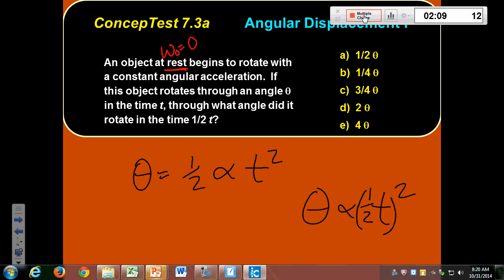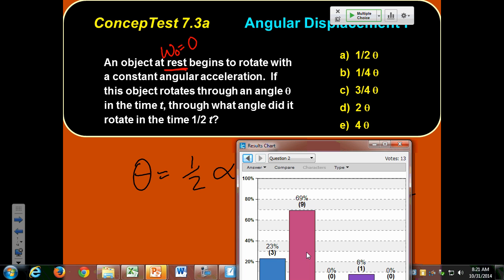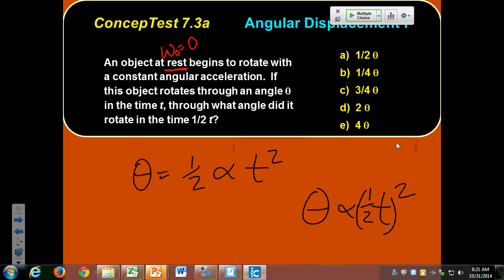So rethink your answer, most of you. Okay, I'm going to stop in about 5 seconds. Okay, very good. D is right. It's a quadratic relationship. So if I halve the time, since time is squared, I quarter the displacement.